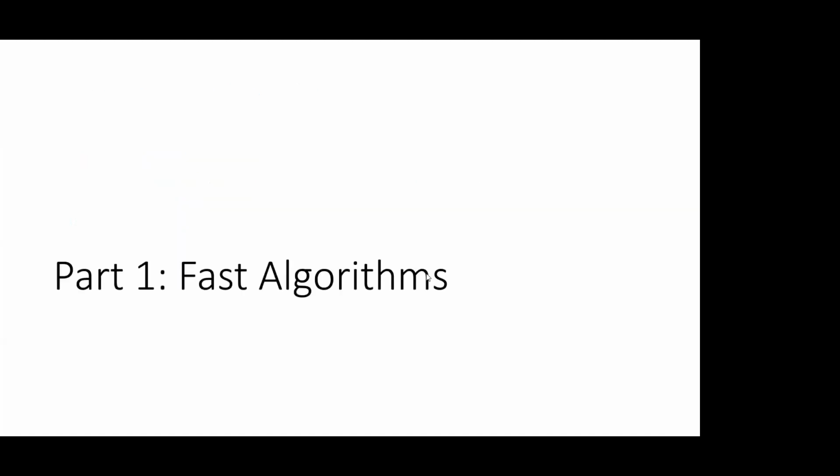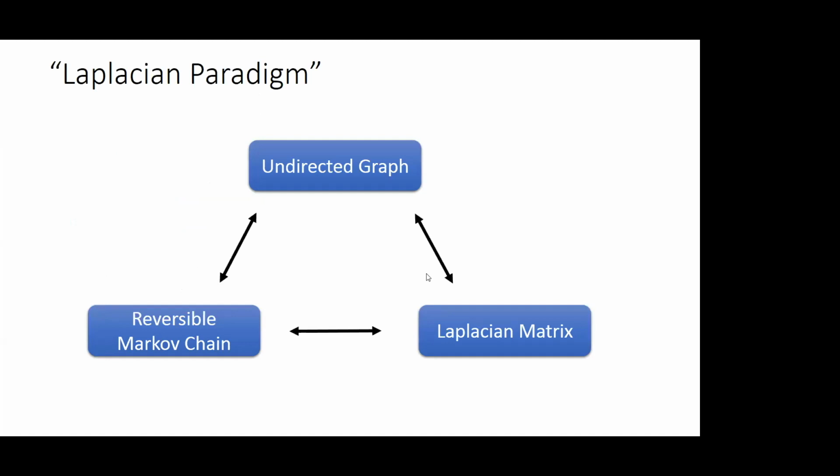So first, fast algorithms. Often in mathematics, some of the most interesting and beautiful ideas come from when you can take a mathematical object and view it from a variety of different mathematical perspectives. I think this is the case for the so-called Laplacian paradigm in the field of numerical linear algebra. The idea is that you have an undirected graph, but you can equivalently view that as either a reversible Markov chain, from a random walks perspective, or from a linear algebraic perspective as a Laplacian matrix.